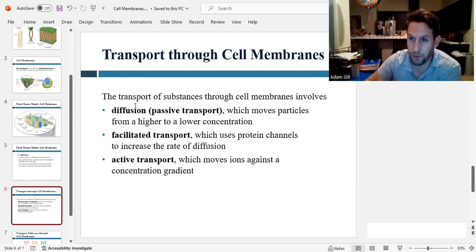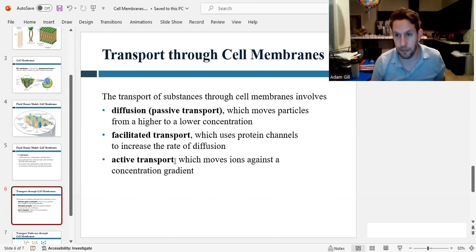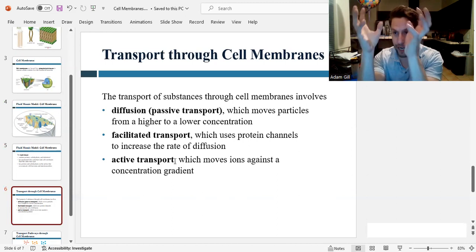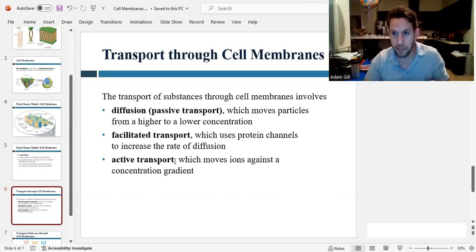They can just diffuse right through it. There's facilitated transport, which is when you have a channel protein that allows it to get through. And then active transport is a protein that has movement and physically grabs a molecule and pumps it across the membrane. So diffusion or passive transport, facilitated, and active transport.